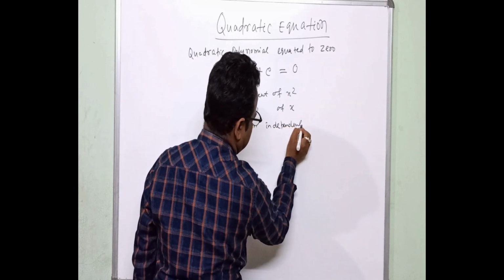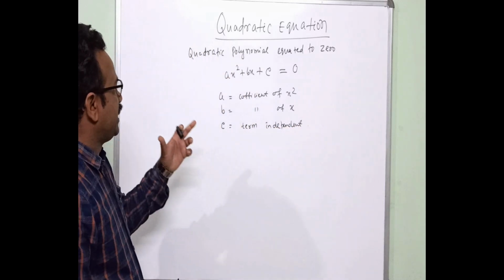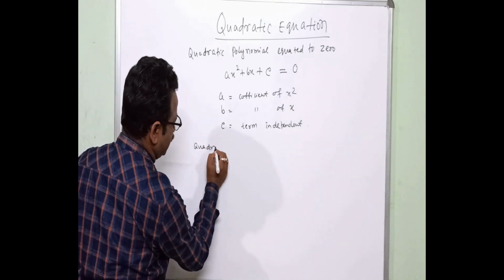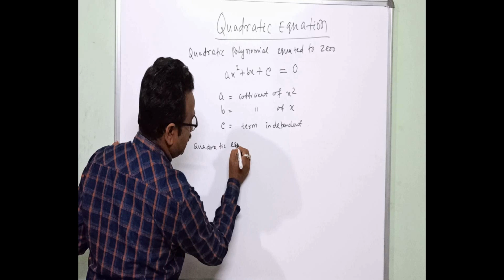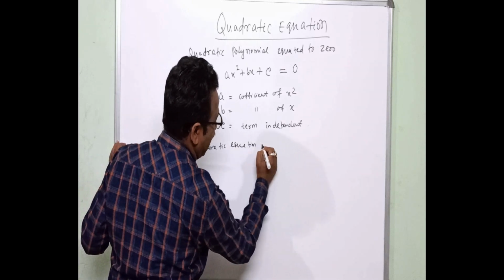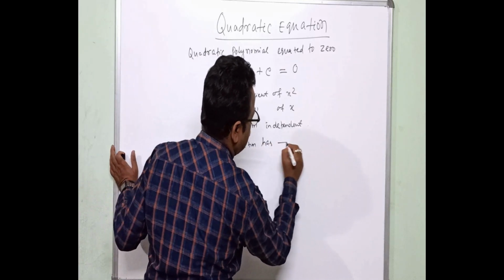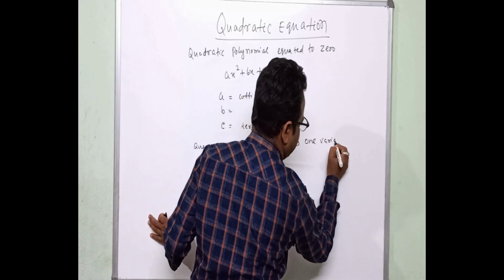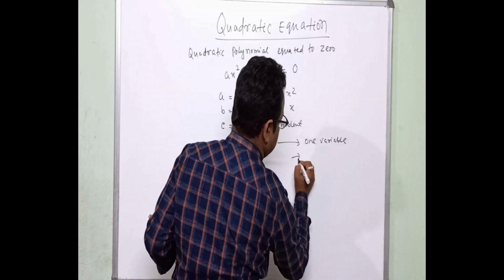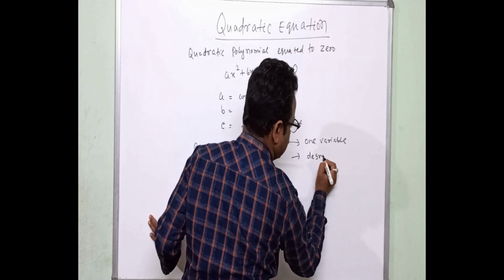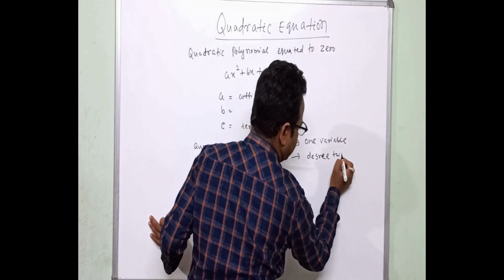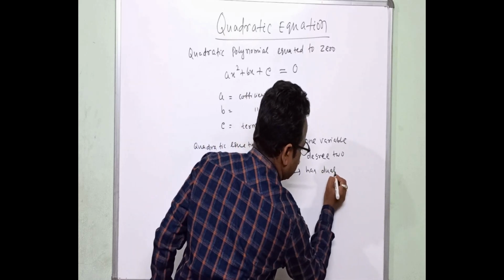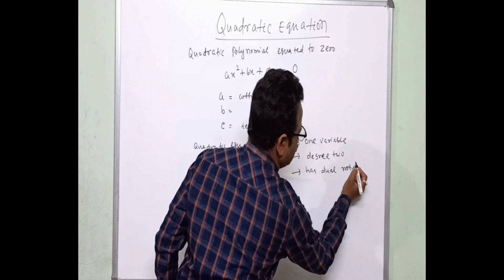Now, a quadratic equation has one variable, degree 2, and has dual roots.